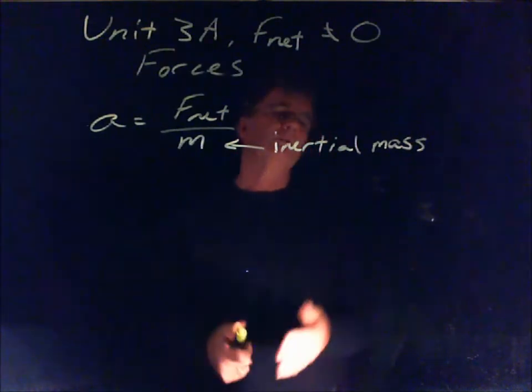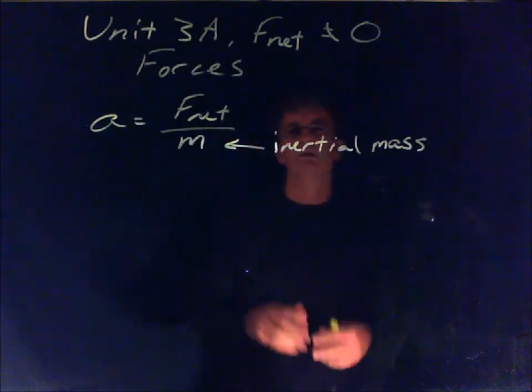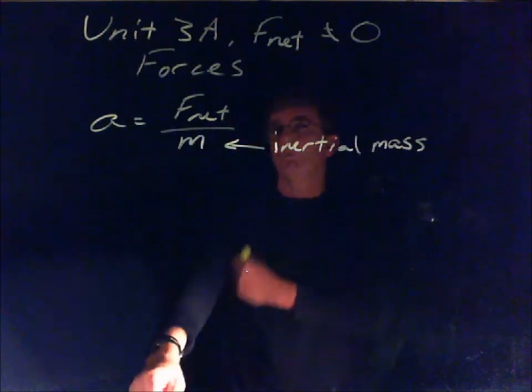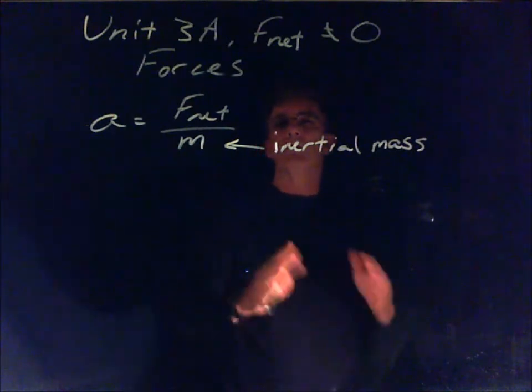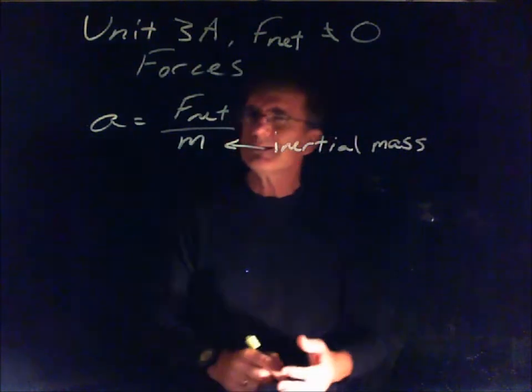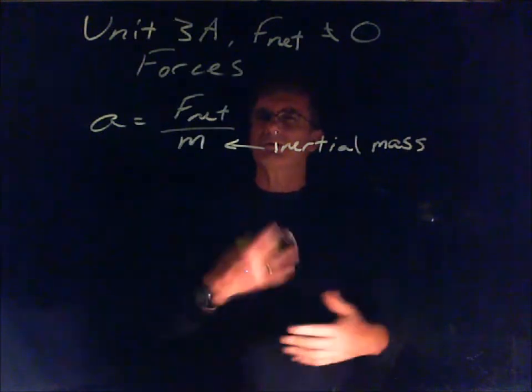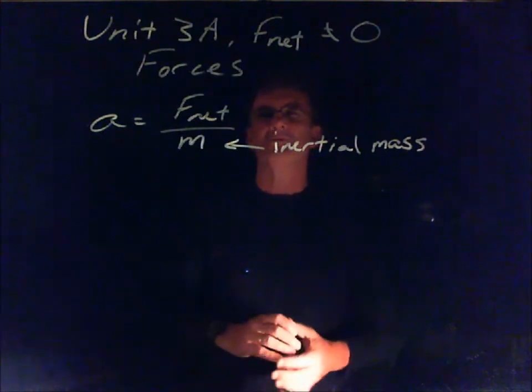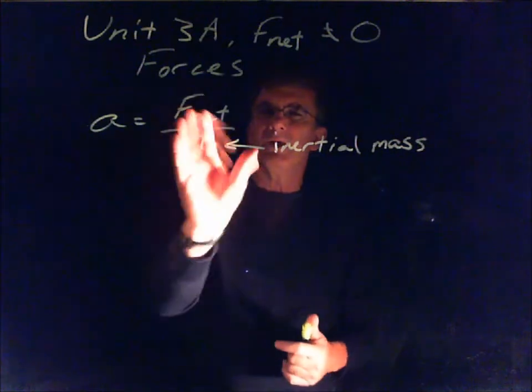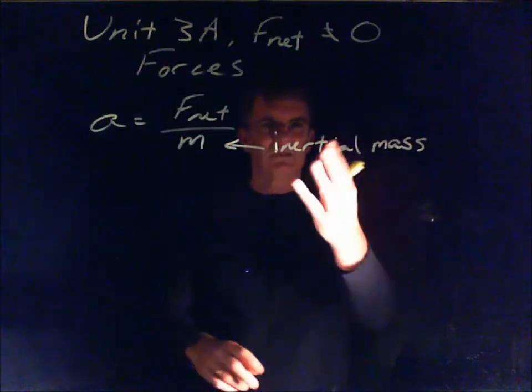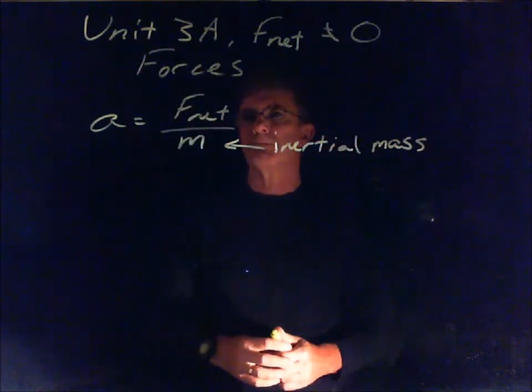There is also another type of mass called gravitational mass. We'll get into that a little bit later. These two are not necessarily the same, even though we treat them the same, and there's always a little confusion that arises from that. But this M, mass, technically is inertial mass.